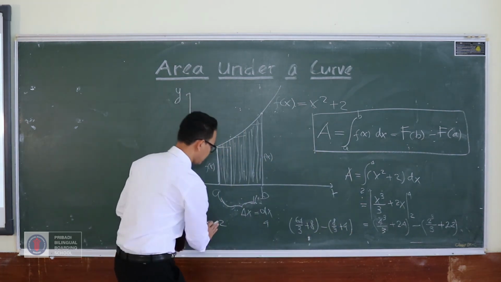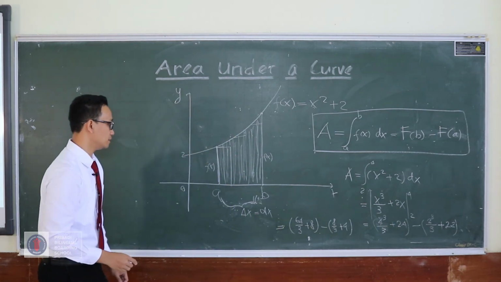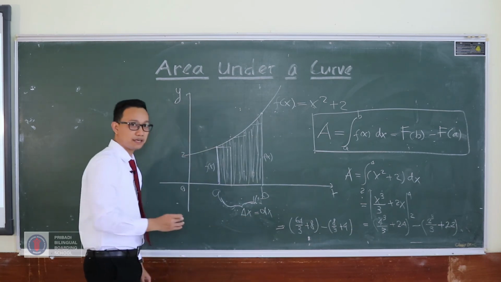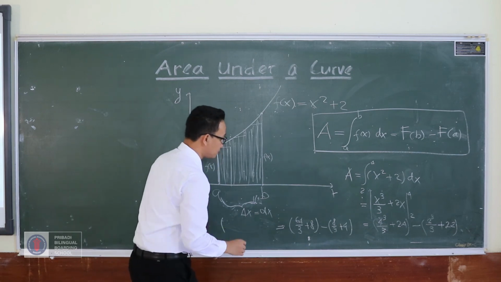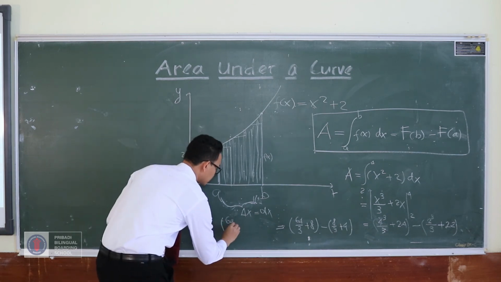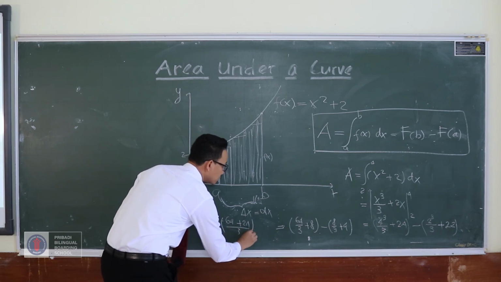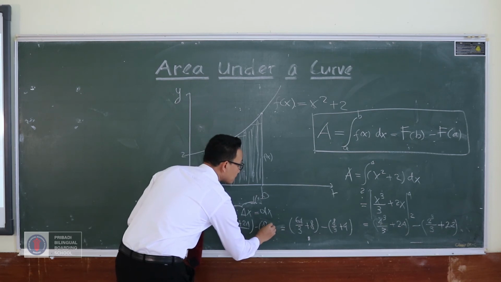Okay, and then here we calculate the fractions with integers. So 64 plus 24 over 3, minus 8 plus 12 over 3.